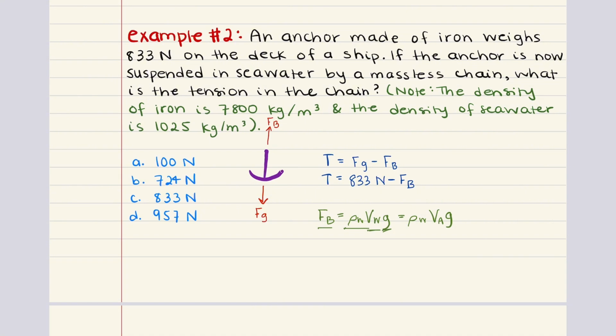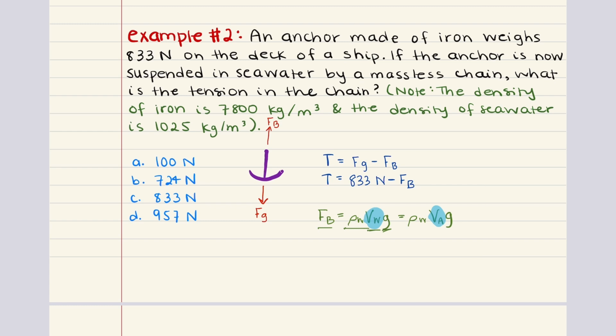Now, because the anchor is submerged entirely, the volume of the water displaced is going to be equal to the volume of the anchor. So we can replace this term with a term that notes the volume of the anchor.